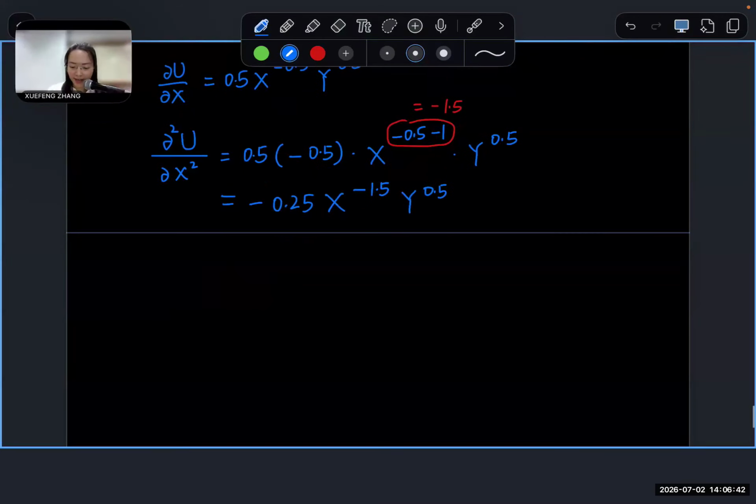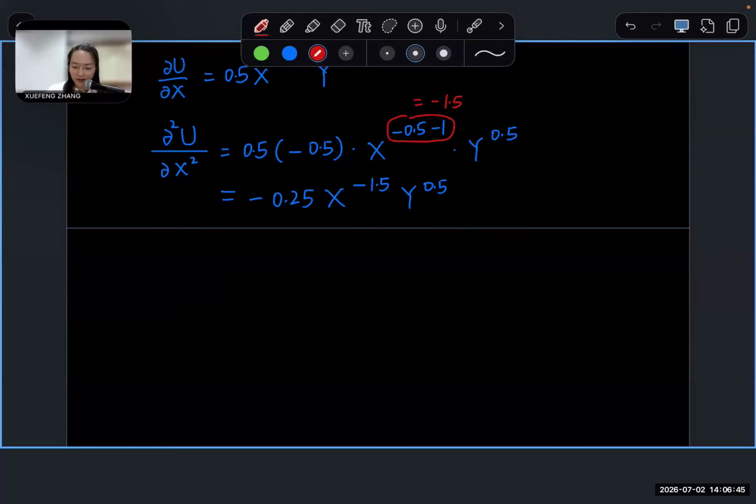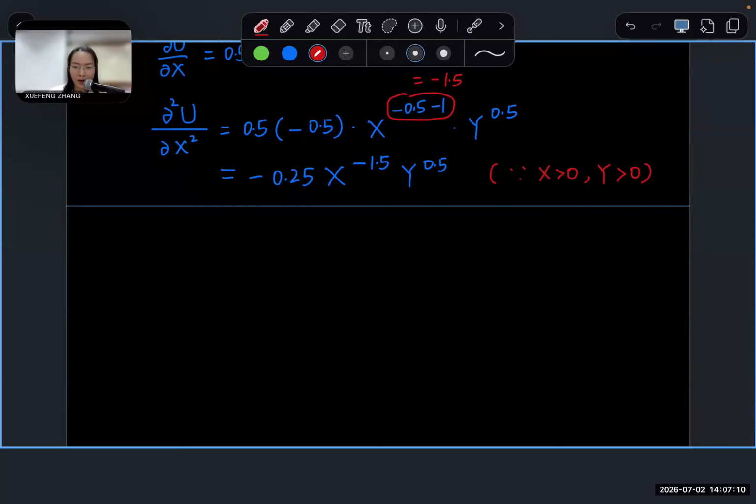Okay, let's check the sign. Because x and y are the goods that we consume, they are always positive: x is greater than 0, y is greater than 0, because this is the quantity we're going to consume. So this is positive, and this is also positive.